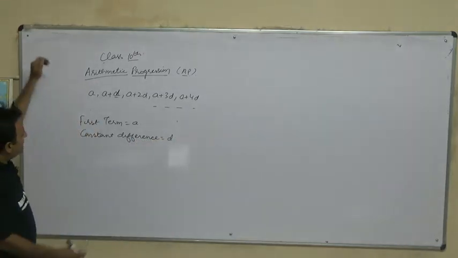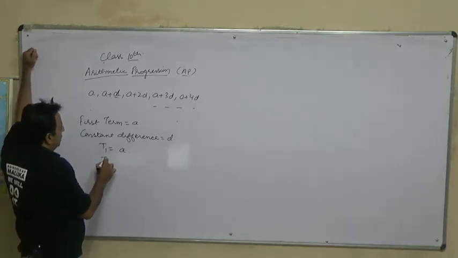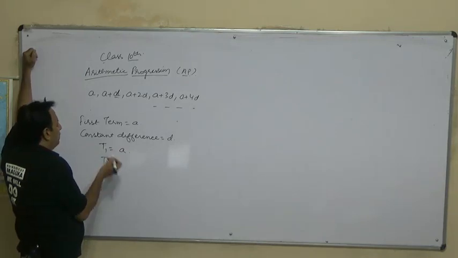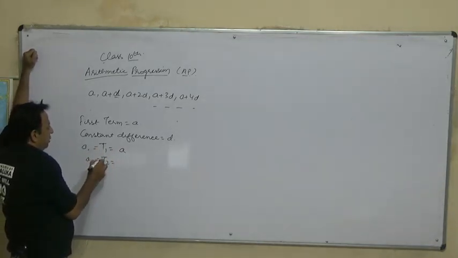So the first term is T1 equal to A. It can also be termed as A1, A2.